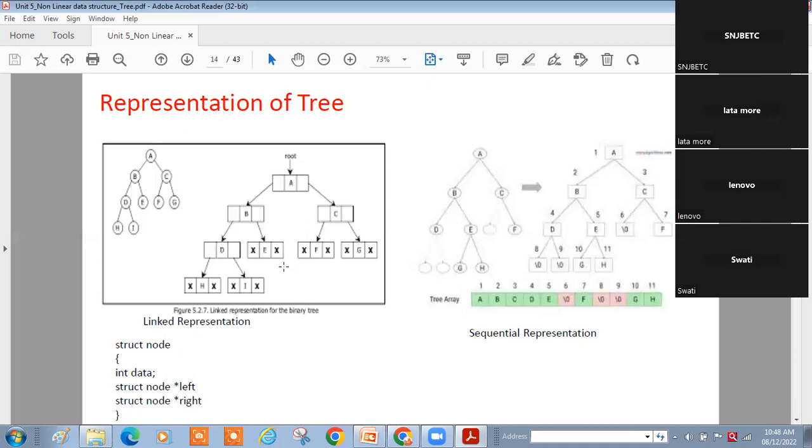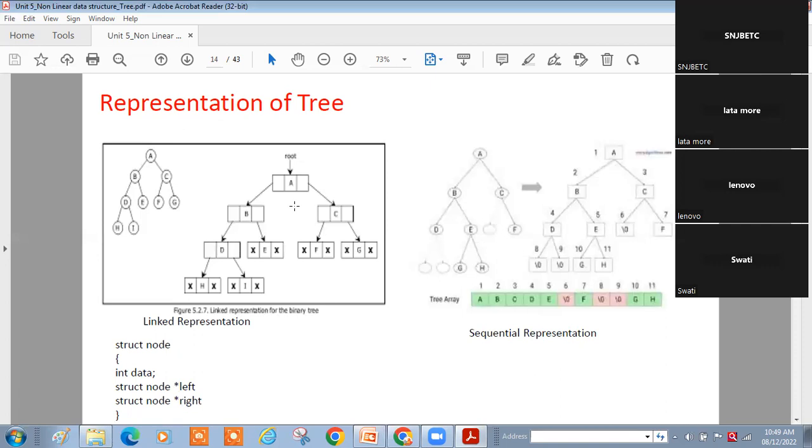For link representation, as we have already discussed about links, here also is the link representation. This is nothing but the representation of a tree using linked data structure. Now see, students, here the root node is represented like this. In case of a linked list, you have studied about singly linked list and doubly linked list.